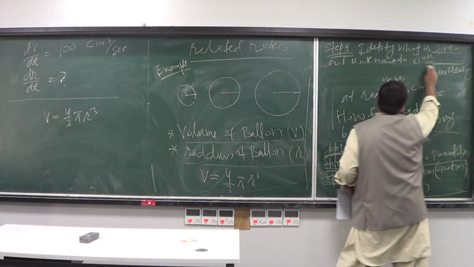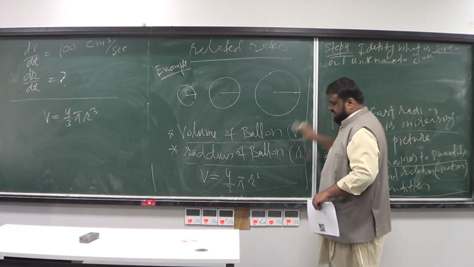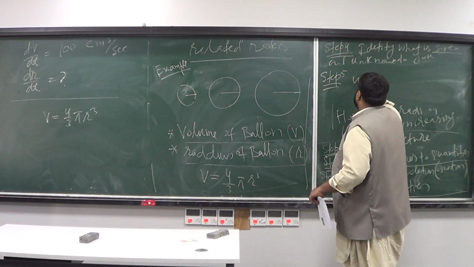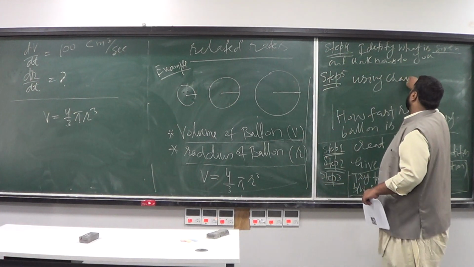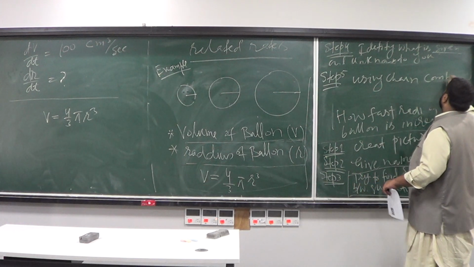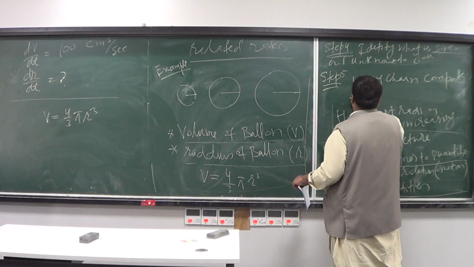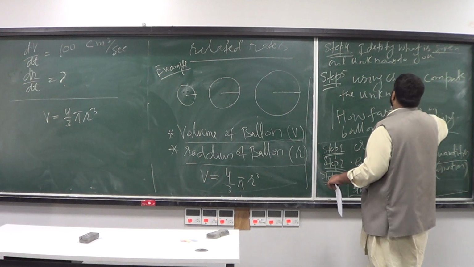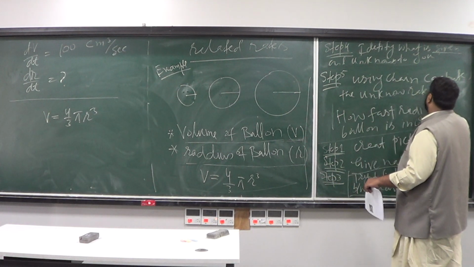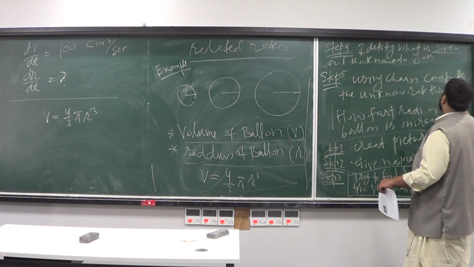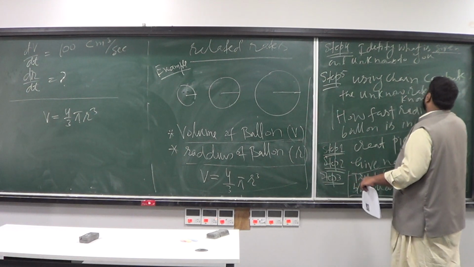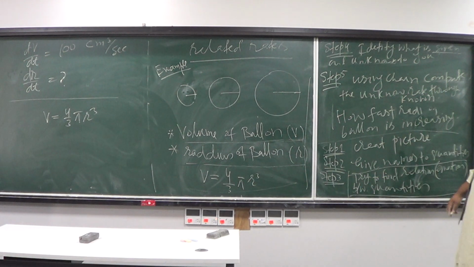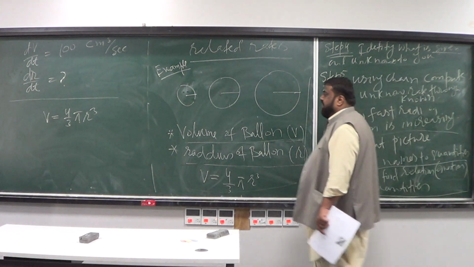Maybe I should write explicitly step 5: most of the time, using the chain rule, compute the unknown rate through the known. So this is what you have to do. Now we are in step 5.